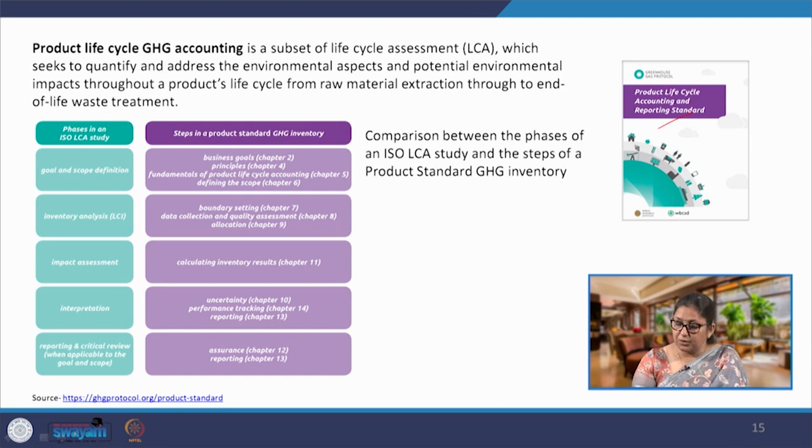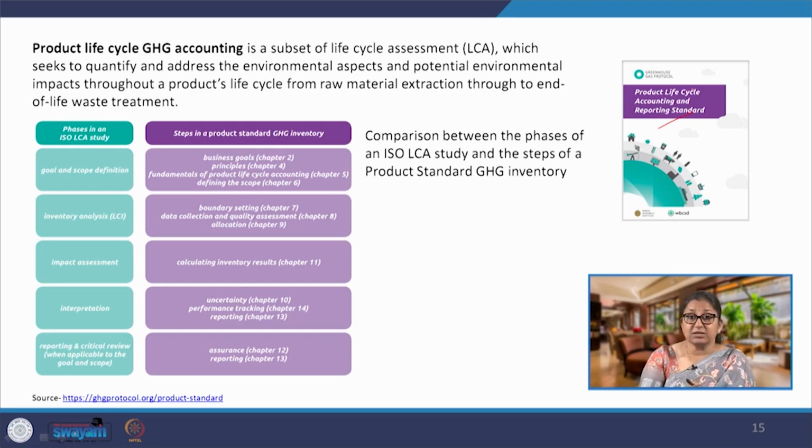Here in the product life cycle accounting and reporting standard, we are doing pretty much the same, but only for one thing, which is GHG emissions. So, we are taking into account the entire life cycle of a product or the activity that we are looking at, but we are only looking at the GHG emissions that are associated with it throughout its life.